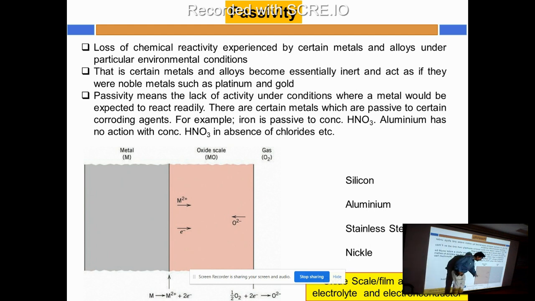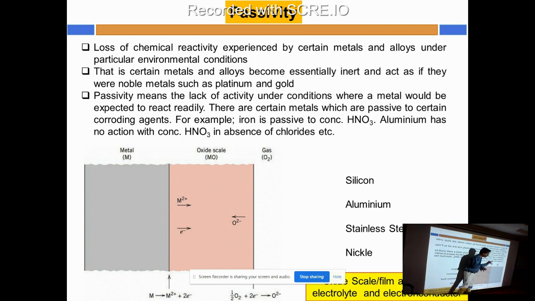Is this not an ion? O2- is an ion, because oxygen is a gas molecule, but oxygen takes the electrons from the surface to form O2-, the ionic state. So when this film is making ions percolate, what does it mean? It's a conductor and an electrolyte.